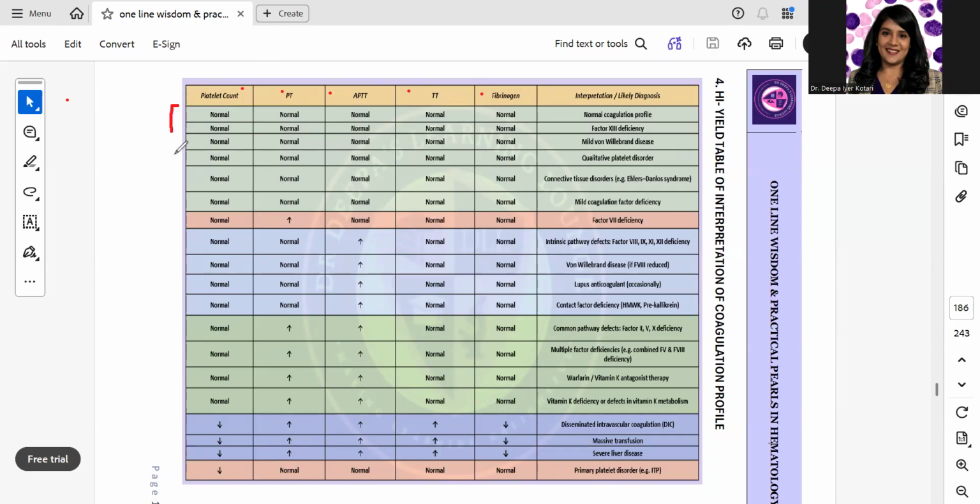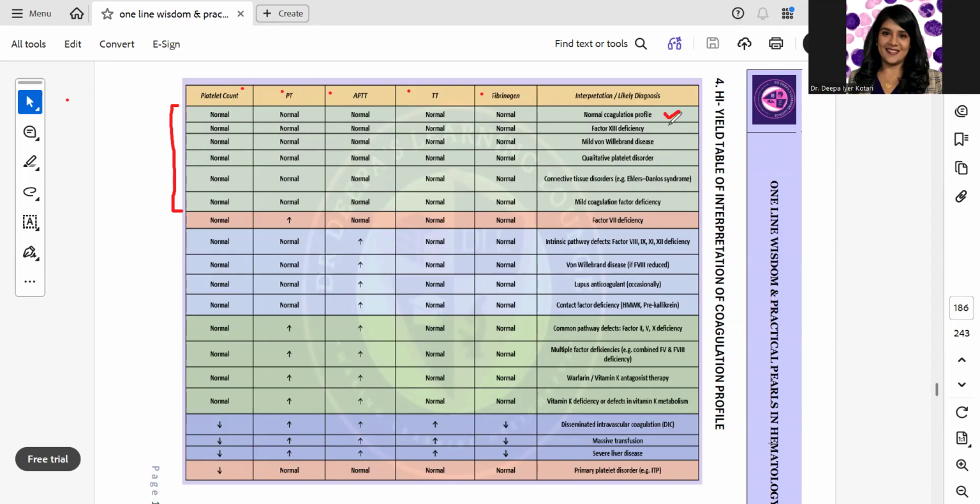If you look closely at the top row, this row is of the conditions having a normal PT, normal APTT, normal TT, normal fibrinogen, and a normal platelet count. A normal individual can have this profile.